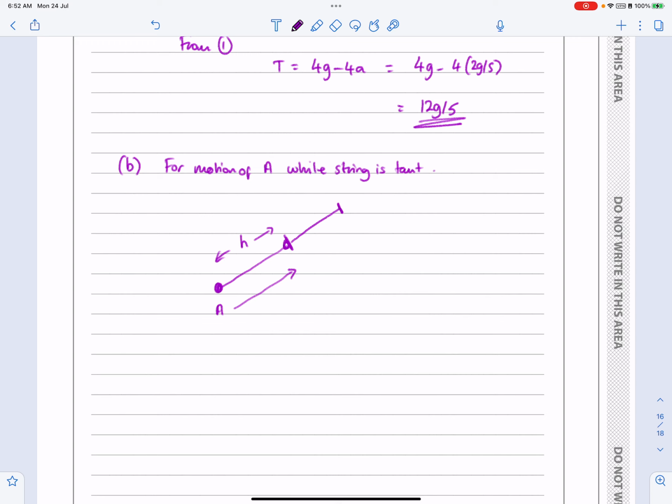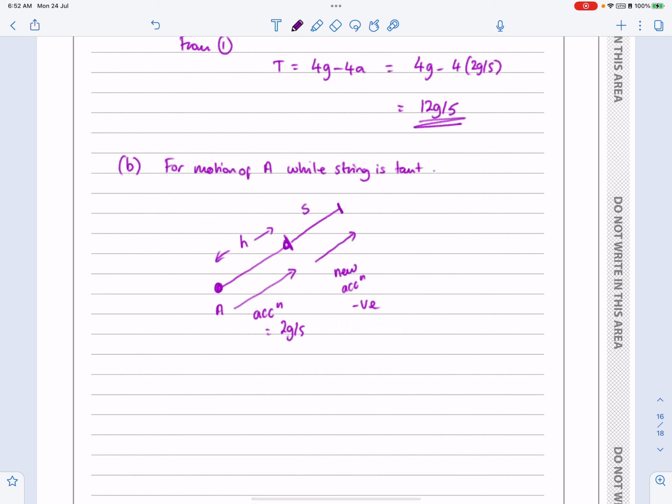And one of the things that we understand is that here the acceleration is going to be what we just found, 2g over 5. Here this will have a new acceleration, and actually the acceleration will be negative. It will be slowing down from that moment.